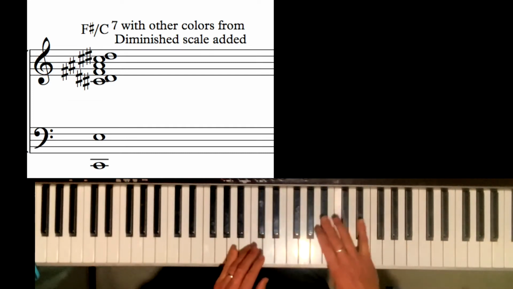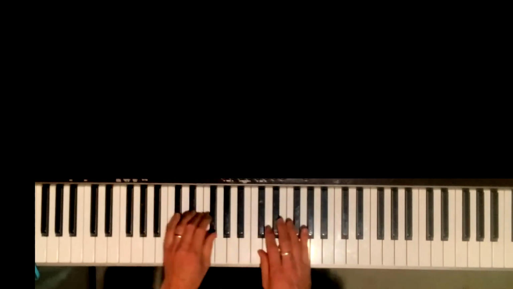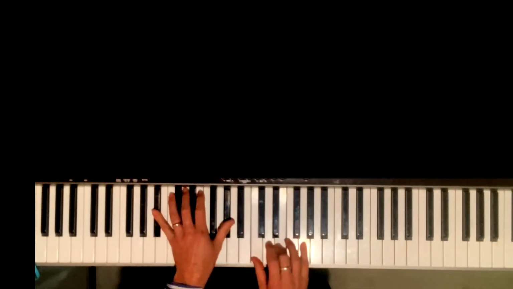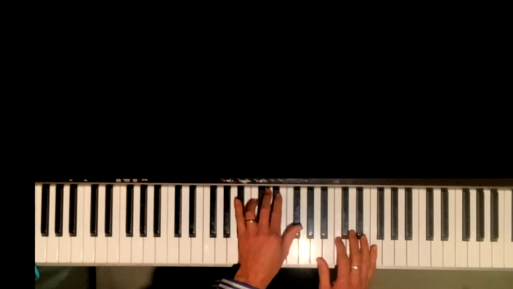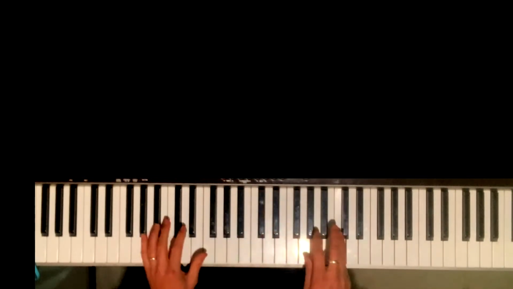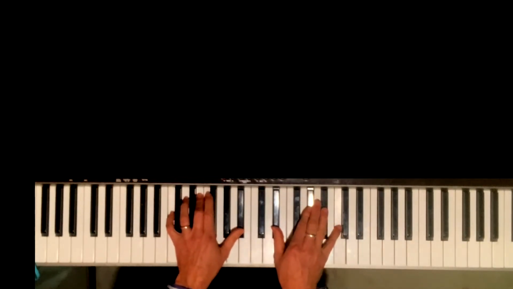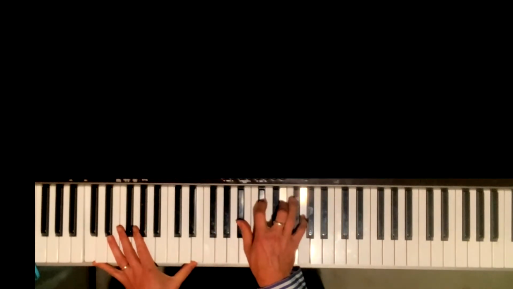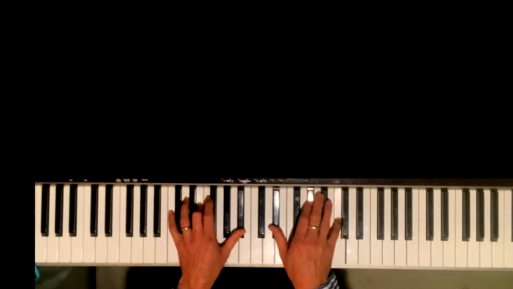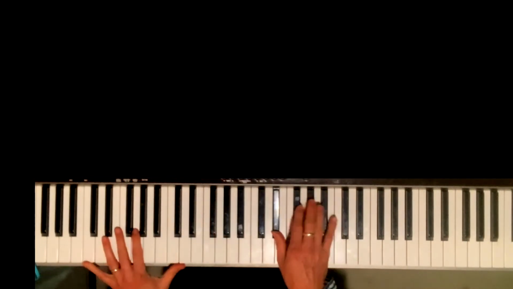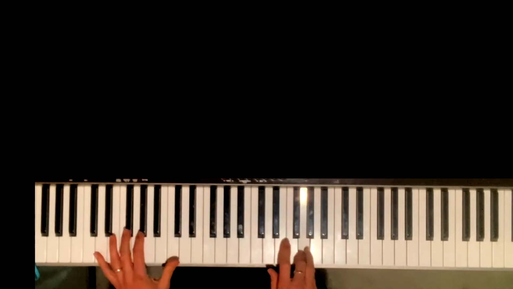There's a, that's the double diminished. So that's the sharp 5, A flat triad over C. And then it says, sure I'm crazy.